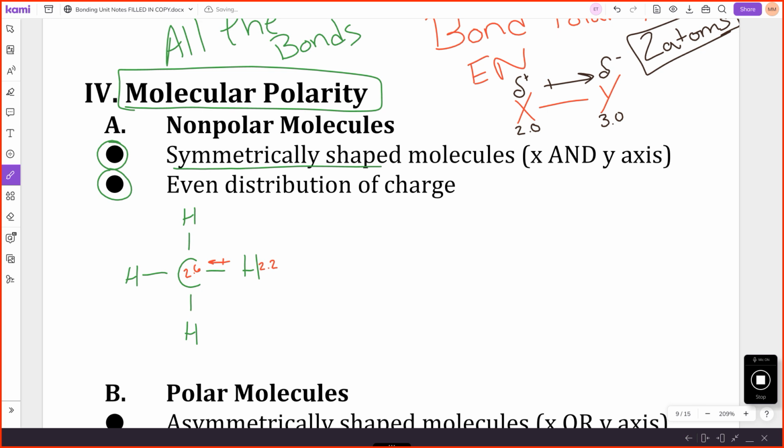It's not a great difference. It's honestly classified mostly as a nonpolar bond, but it's polar enough for the purpose of this video. So the electrons are pulled slightly that way. This hydrogen is also 2.2 for its electronegativity. In each one of these bonds, we have a slight pull of electrons into the center, to the carbon.